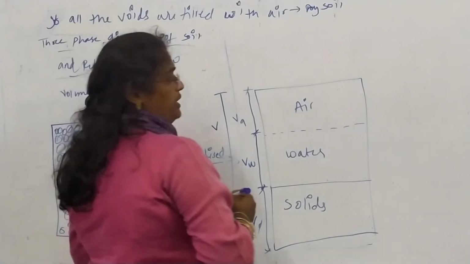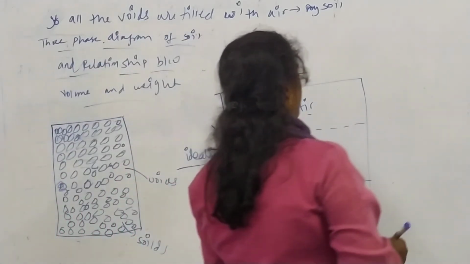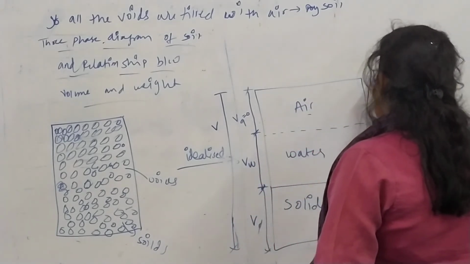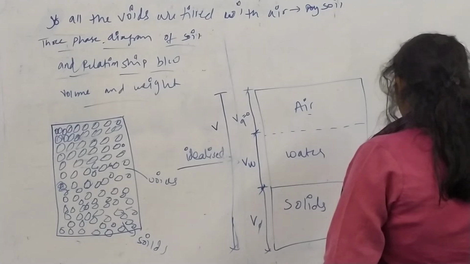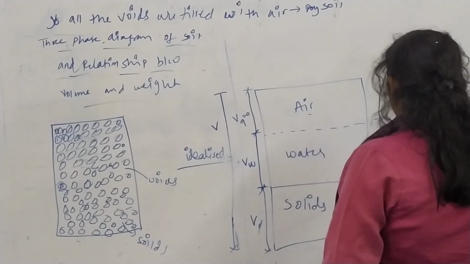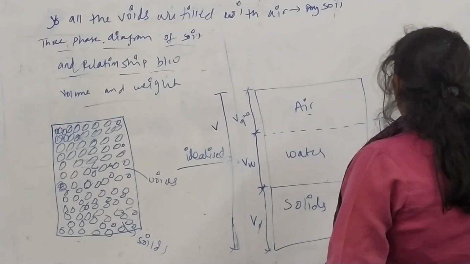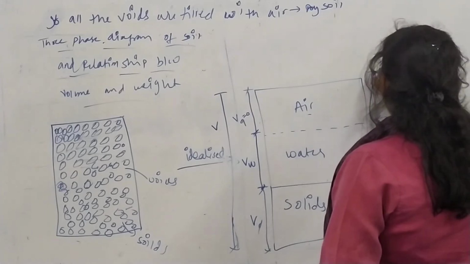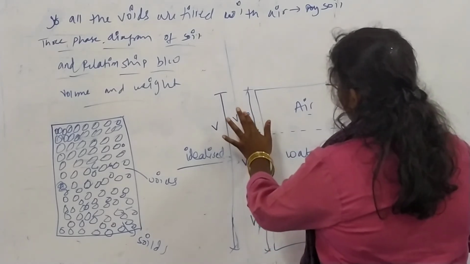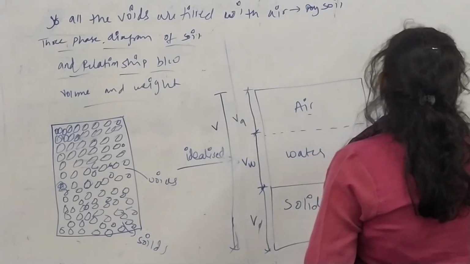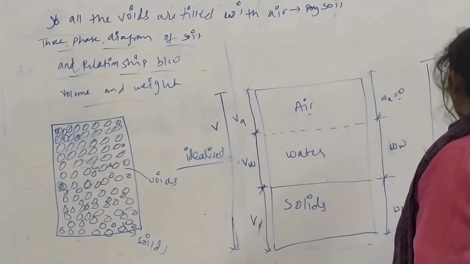In case of volume, we are considering air as negligible. When it comes to the total weight, here I am taking WD, and again WW. In terms of weight, air will be 0. So here it will be the total weight.